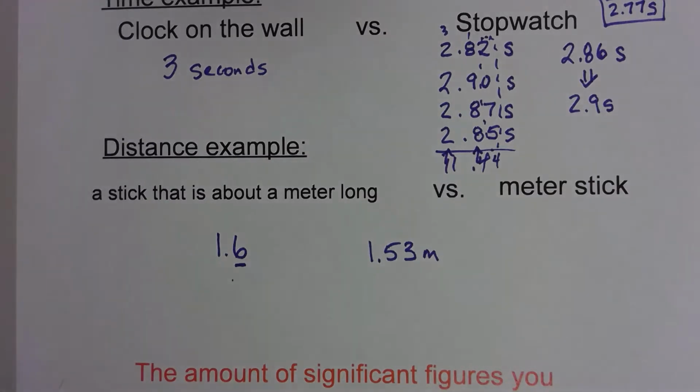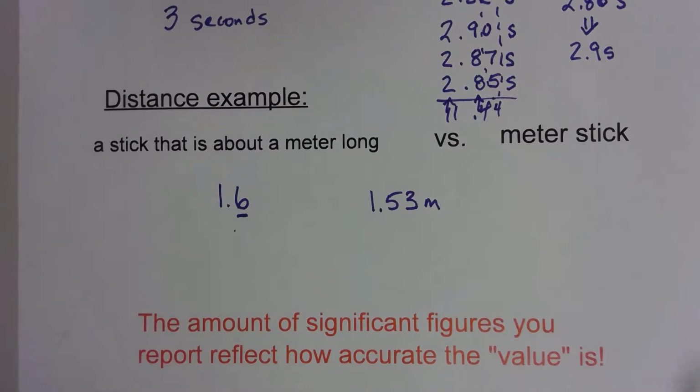So sometimes you don't need very many significant figures. It's okay to make an estimate, but if you need an accurate measurement, you have to use the right tool and then report that measurement with the right amount of digits, because the amount of significant figures you report reflects how accurate that value is, whatever that value is, be it time in the air or the width of a table. Now, let's go to the second slide of the notes.